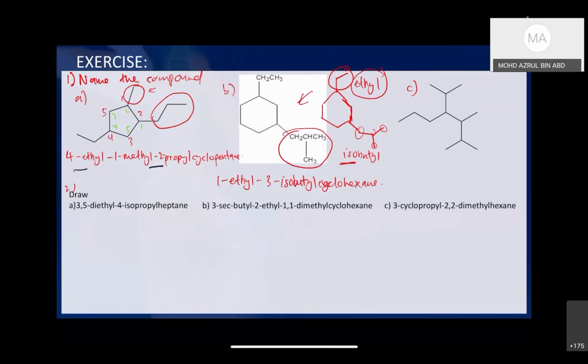Okay, last compound. What is the name of the last compound? Anyone to try? Come on.